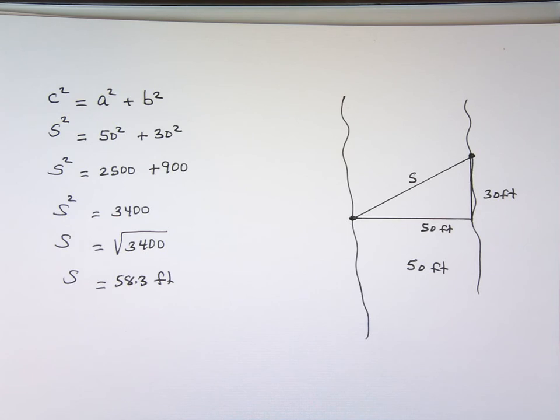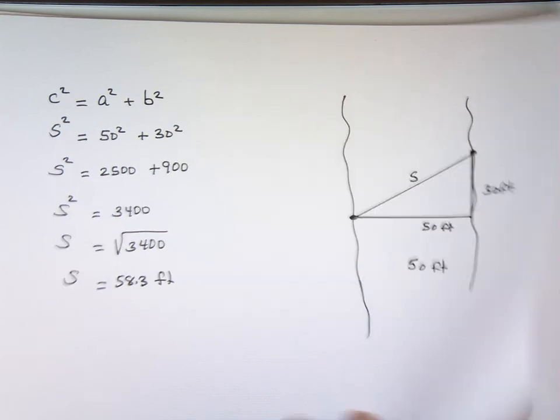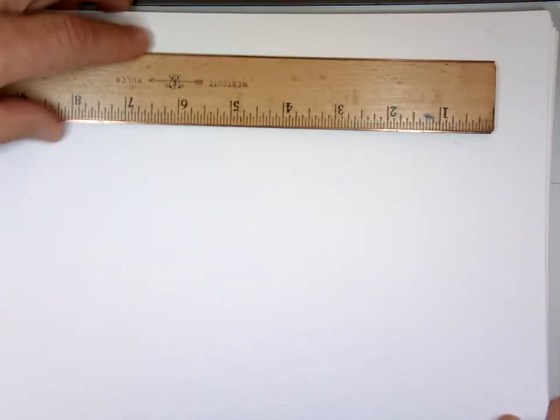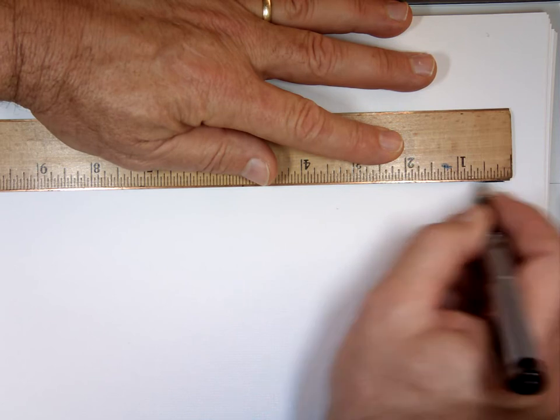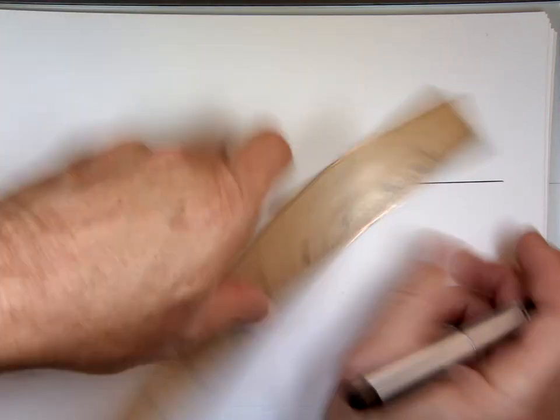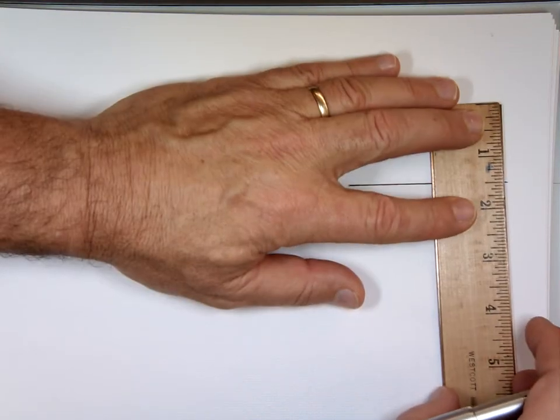Handicap ramps. You know, you're building one. There's a guideline for the handicap ramp, how high for every distance. And I think, but I'm not really sure about that, it has to be 12 to 1, the ratio. Don't quote me on this.